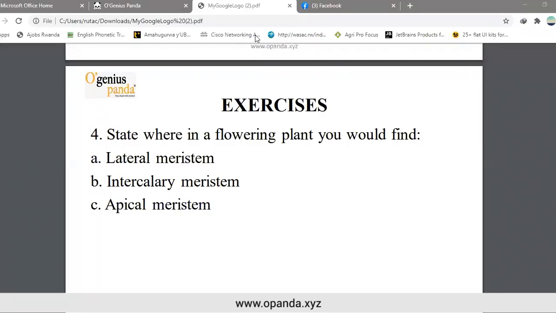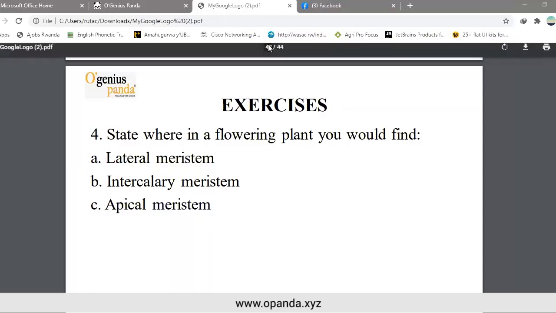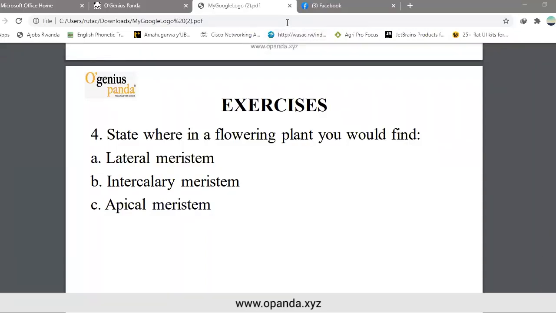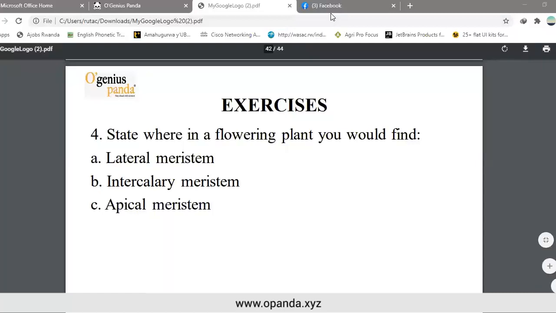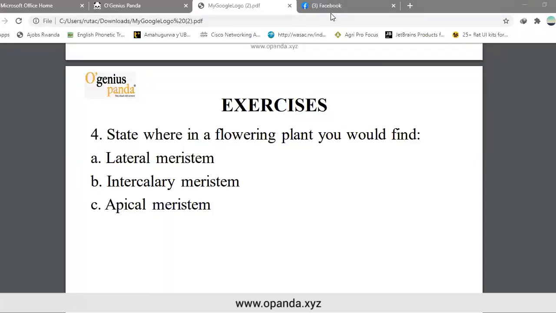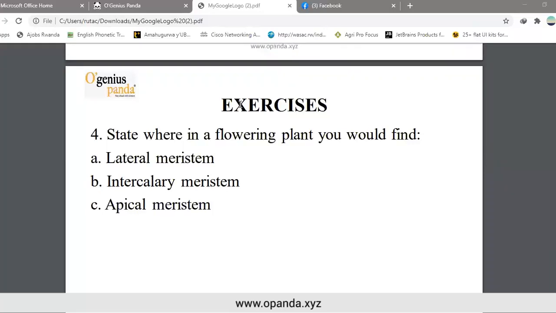Aline? On number 4A, I think lateral meristem is found in roots. Thank you. In the roots.